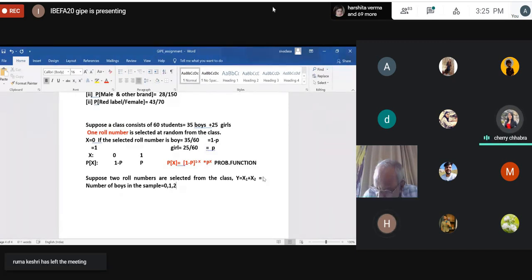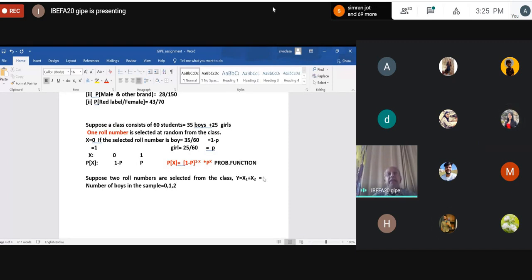When one is a boy and one is a girl. Correct. Maybe first boy, second girl, or first girl and second a boy. And when Y equal to 2? When both the students selected are boys. Correct. That is the way of explanation. This is the way you have to explain.